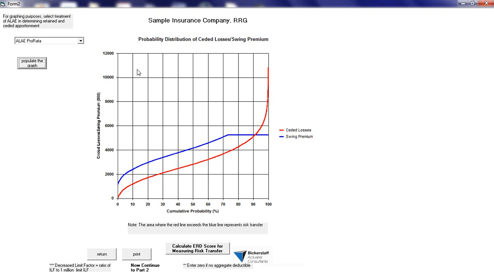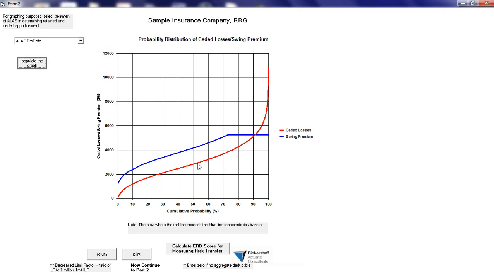So this was the two distributions we came up with, which showed at about the 91 percentile, these lines intersected, and this area above the blue line here represented risk transfer, and this area down here was what the captive would pay as sort of a premium above what the expected ceded losses would be.